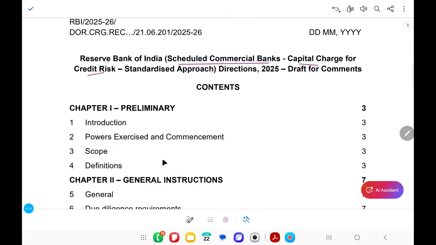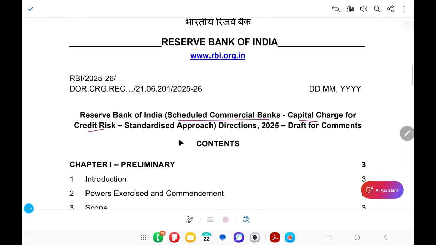These directions align with the latest Basel 3 framework, to calculate the risk-based capital requirements in a comparable and risk-sensitive manner. In this circular, you will get the various risk weight percentages for various asset classes. You apply this risk weight percentage on the exposures, and ultimately you get risk weight assets.